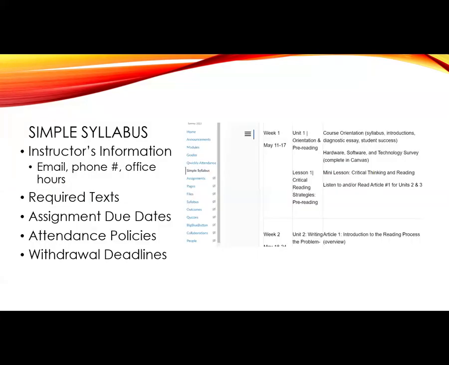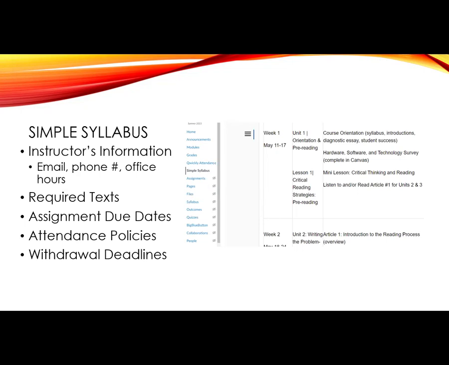One of the first things that you should do in any class is carefully read the syllabus. Fortunately, finding your syllabus is easy. Log on to Canvas and click on the Simple Syllabus link from the menu on the left-hand side of your ENC 1102 Canvas shell. Make sure that you note your instructor's name, office phone and room numbers, email address, and office hours.